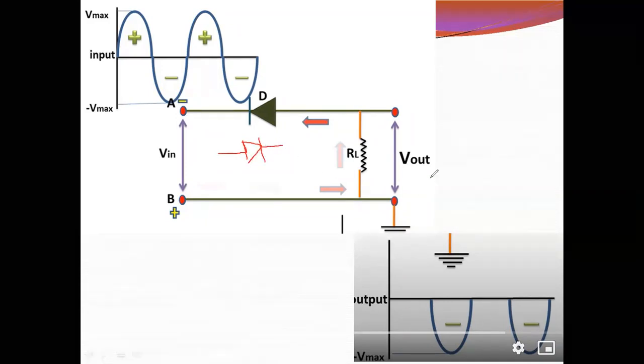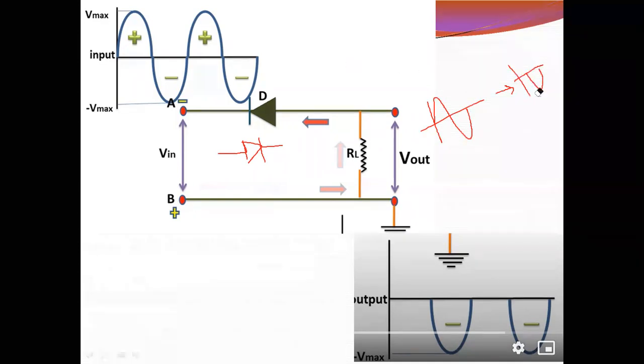Then what output will you get? If you apply the input like this to this circuit, obviously there is no negative portion in the output.